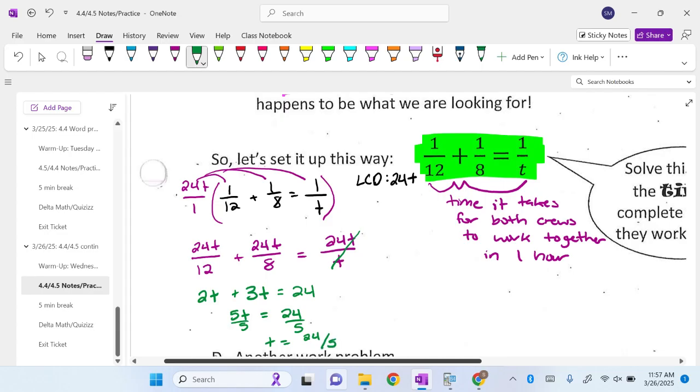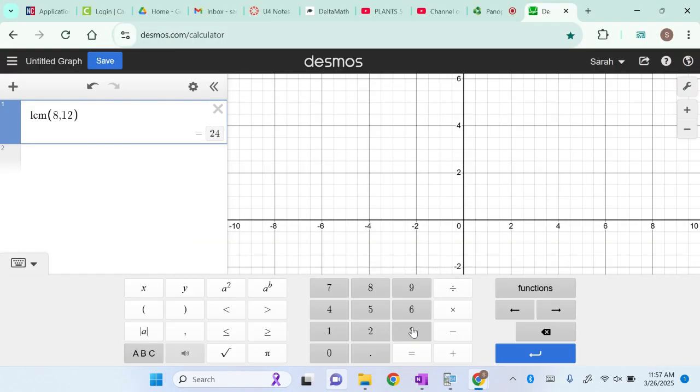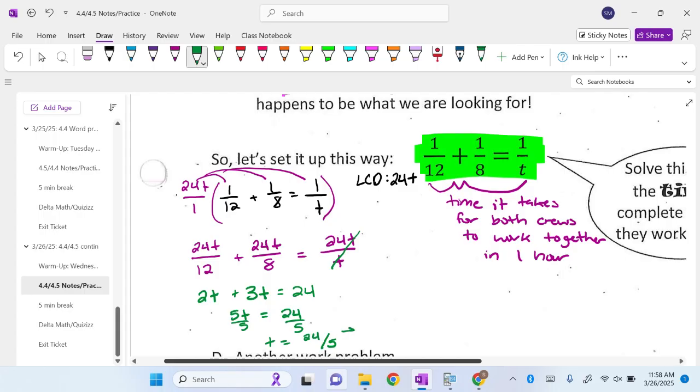Now, since we're talking time, let's do it as a decimal. 24 divided by 5 is 4.8. So 4.8 hours is how long it would take them to do the whole job if they worked together.